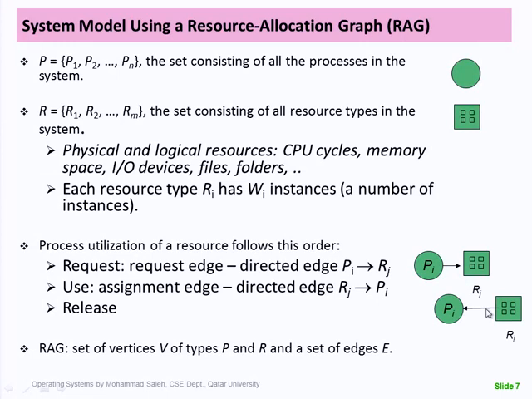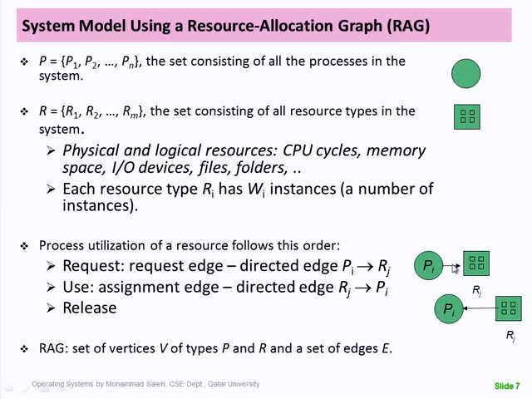We also have a claim edge. A claim edge is a dotted request, and that means the process might request a resource of a particular type. We also might have a weighted directed graph, in which we have a number on top of the arrow.